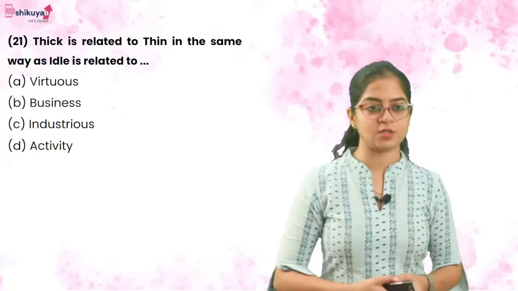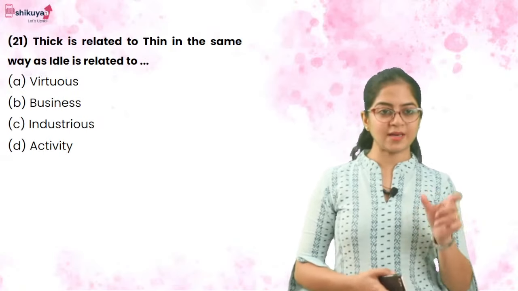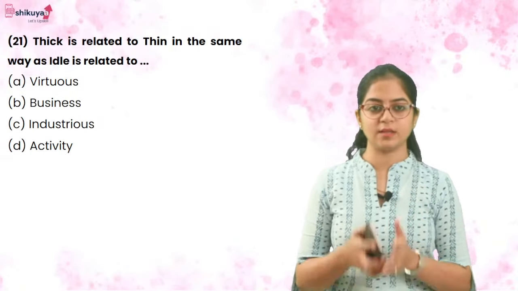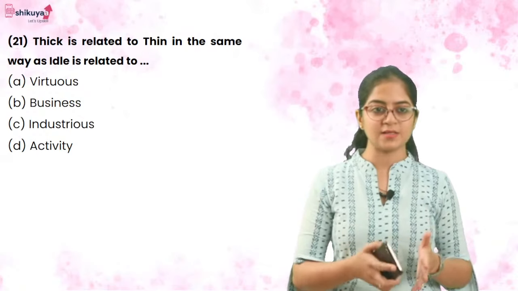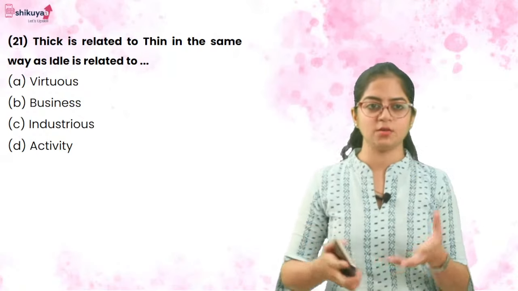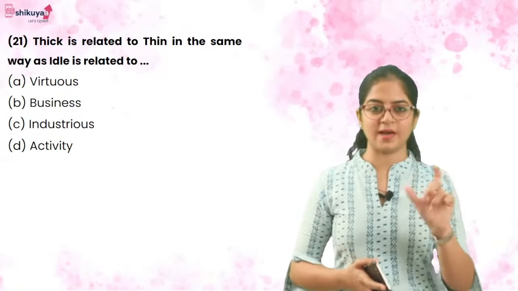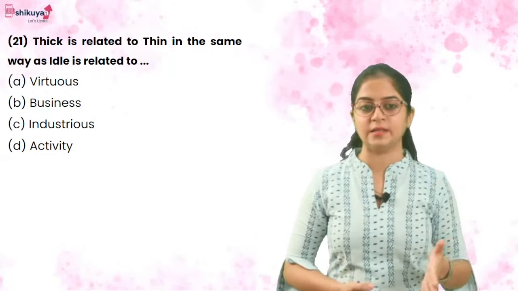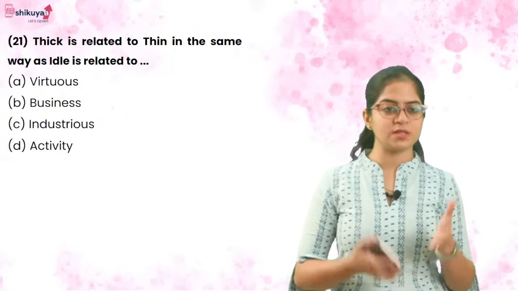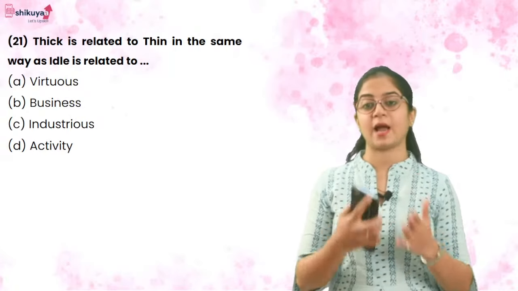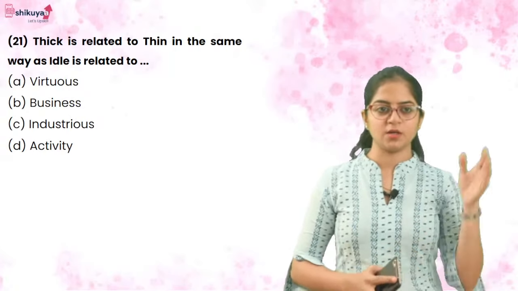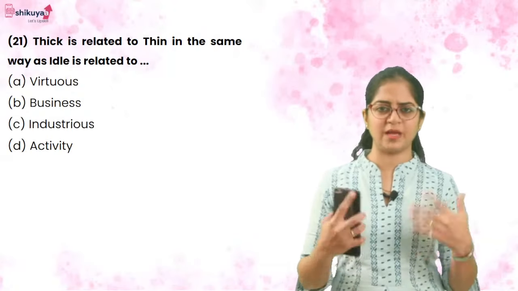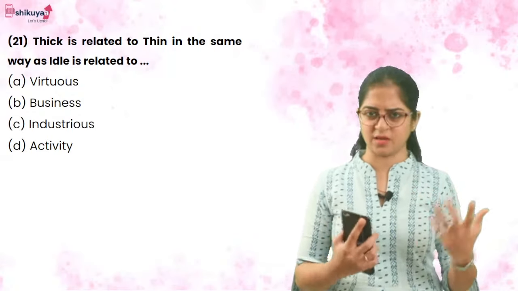Let us go to the next one. Thick is related to thin in the same way as idle is related to what? So thick and thin, these are antonym pairs. You have to search for the same kind of pair for the word idle, okay? Virtuous, business, industrious, activity. Alright, virtuous, the one who is very blessed or kind, that hint we get, right?